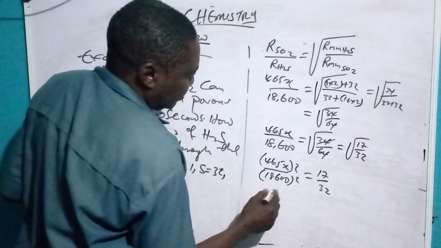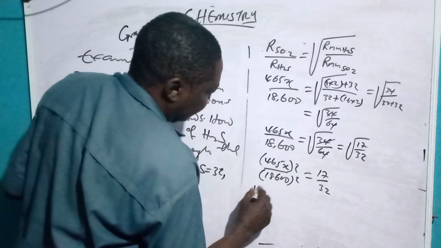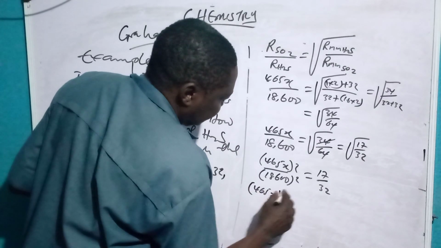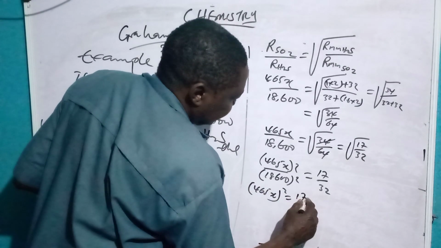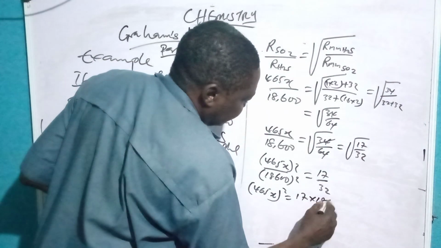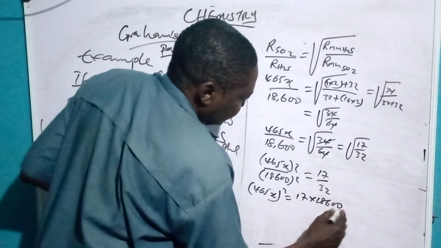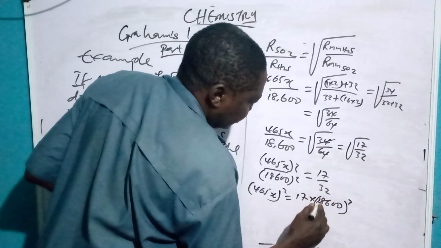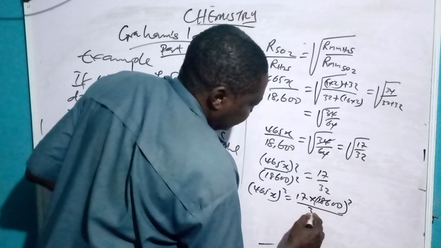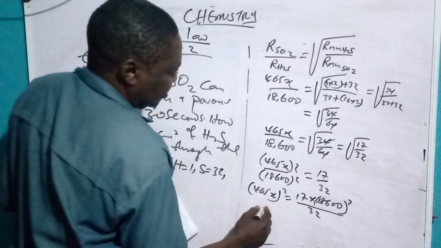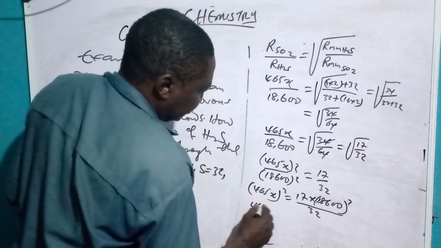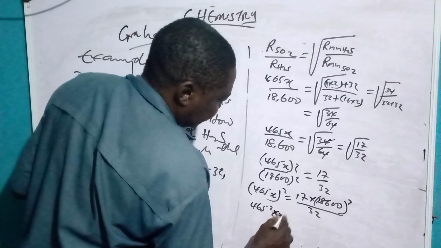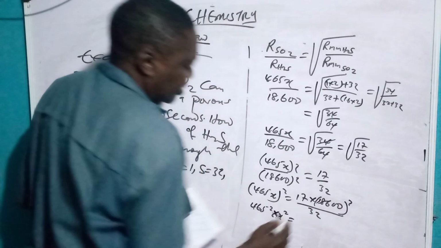So 465 squared times x squared equals 18,600 squared times 17 divided by 32. Let's see what this gives us.